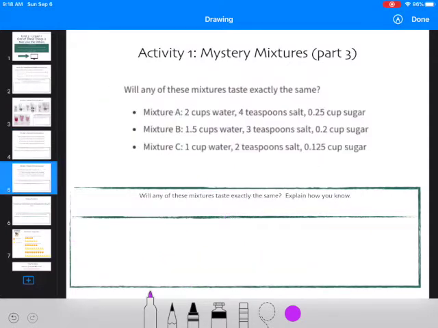So then, will any of these mixtures taste exactly the same? They've changed up what our recipe is, so we really have to check this out. I like the ones that are easy, to be quite honest. So I'm going to look at the 2 to 1 because I can figure out what they're reducing it by.